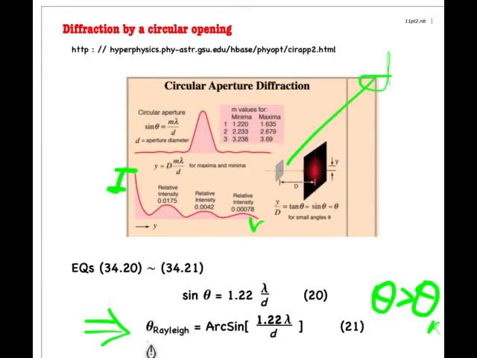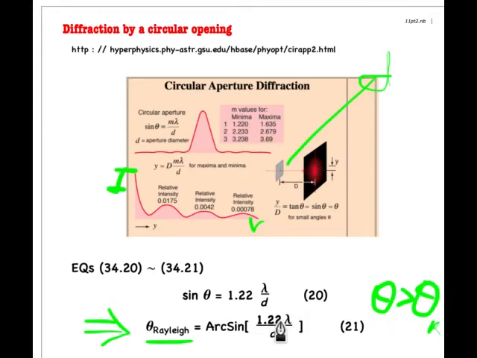So the Rayleigh angle is a measure of resolution. You can resolve the two sources if they're far enough apart so that the angle from the telescope or whatever optical device you're looking at these two sources with is larger than the arc sine of 1.22 lambda over d.